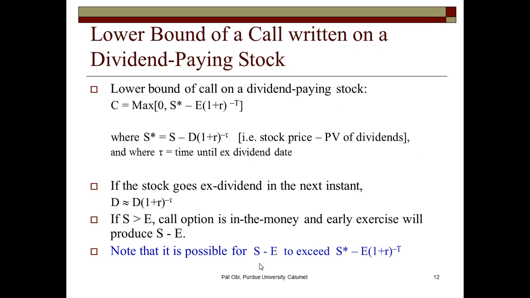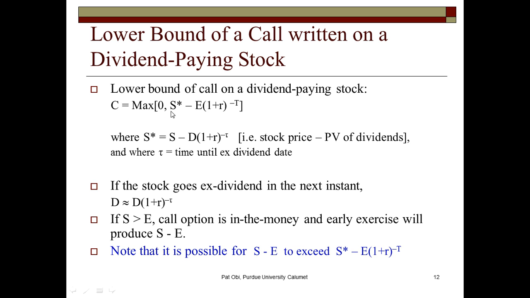Now, how about the lower boundary value of a call written on a dividend paying stock? The only adjustment we're going to have to make here is S. The lower boundary value would be the greater of 0, if the option is worthless, or the difference between S star and the present value of the exercise price.